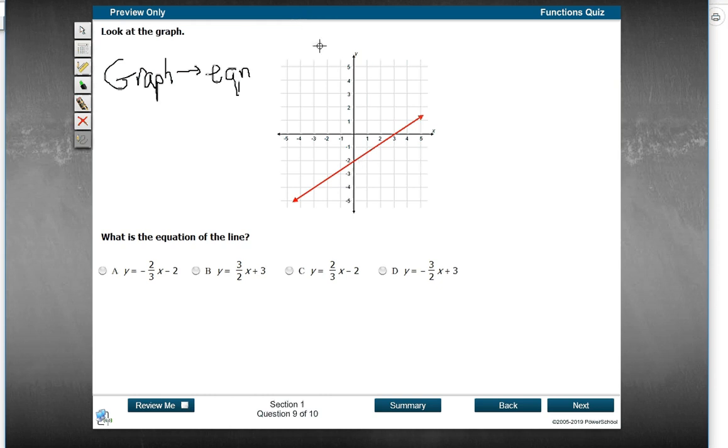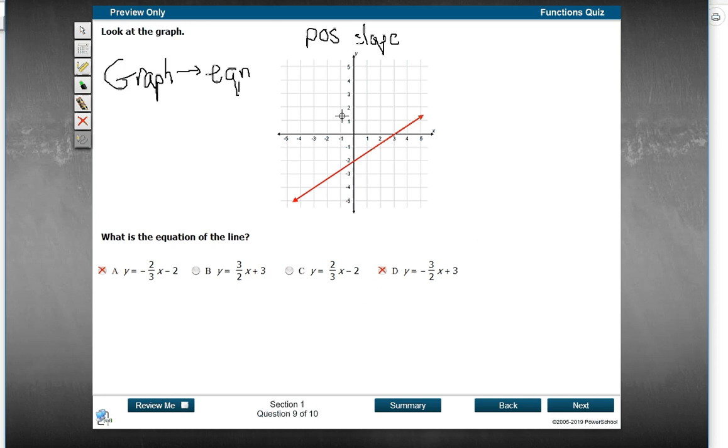And right away, I know that this is going to be a positive slope. And this helps you out with the scatter plots as well. That way, you can identify those answers. So if I'm looking for positive slope, I know that A has a negative slope, and I know that D has a negative slope, so it cannot be those.